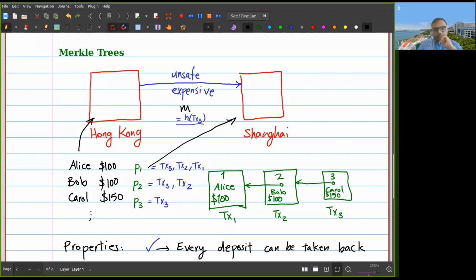So Alice can also see who deposited how much money. So basically, everyone can see all the deposits that are happening after their own deposits, which kind of defeats the point. We were trying so hard to make sure that M does not leak any data, but now P1, the proof that we're giving to Alice, is leaking all the personal data of Bob and Carol.